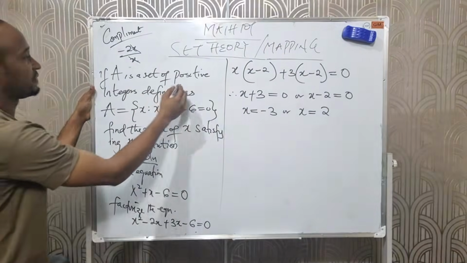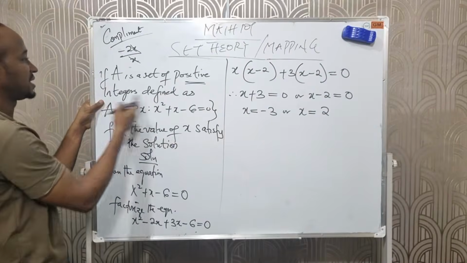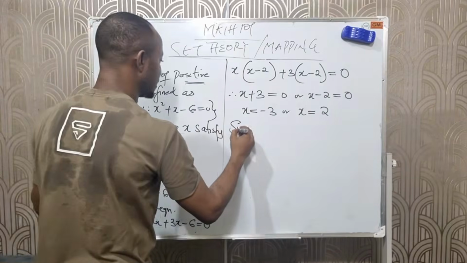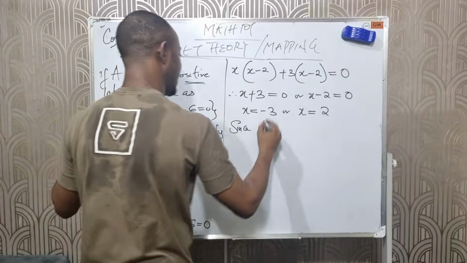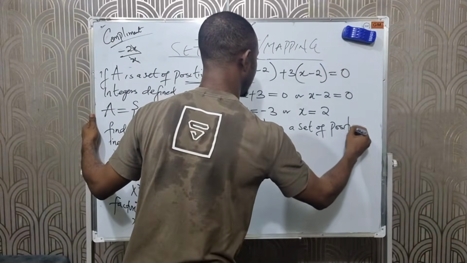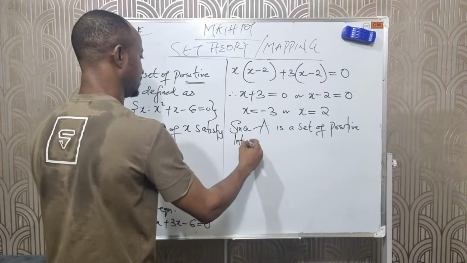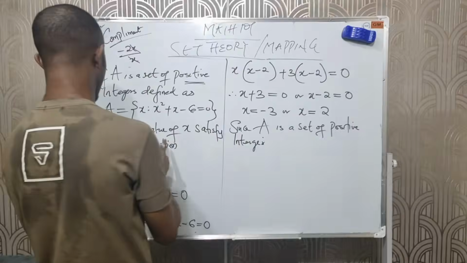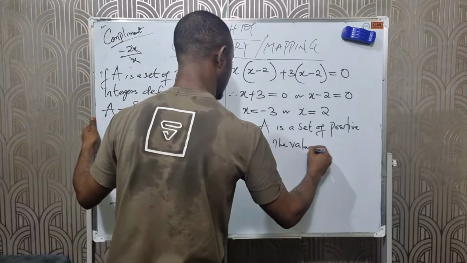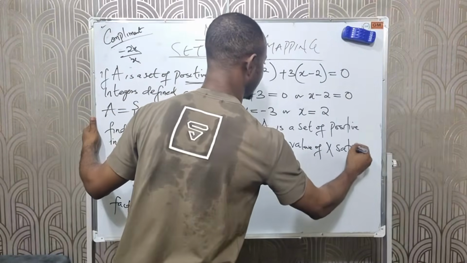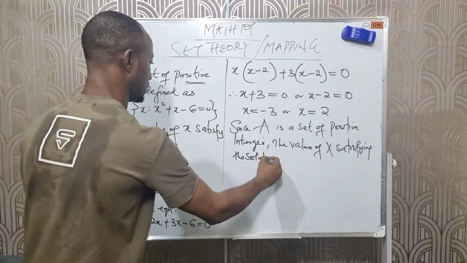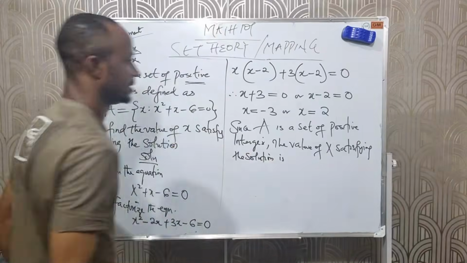If A is a set of positive integers defined as this, find the value of x that satisfies the solution. So since A is a set of positive integers, the value of x satisfying the solution is between these two values.